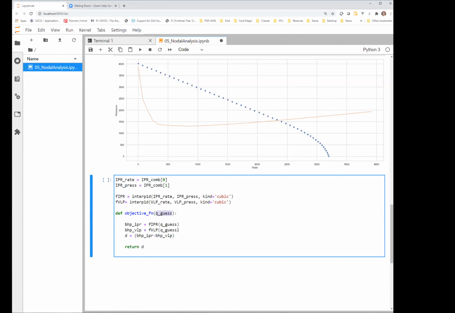The only argument we are passing right now is an initial rate guess, and it's going to estimate what the bottom hole pressure is for the guess, for the IPR and for the VLP, and it's going to return the difference between these two. In other words, it's going to evaluate for a given rate what the pressure is for the IPR and what the pressure is for the VLP.